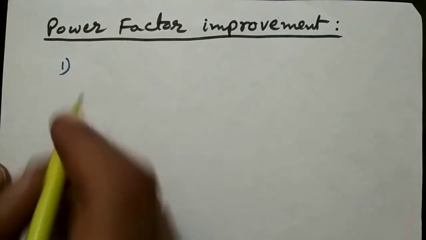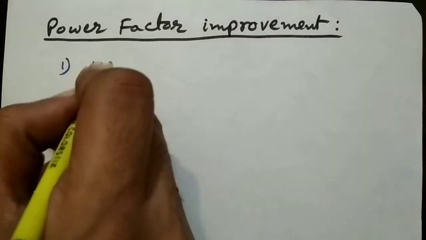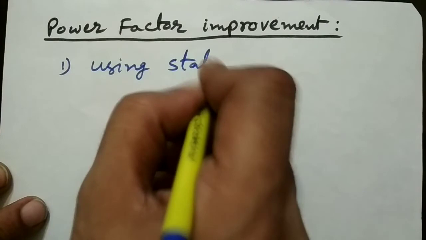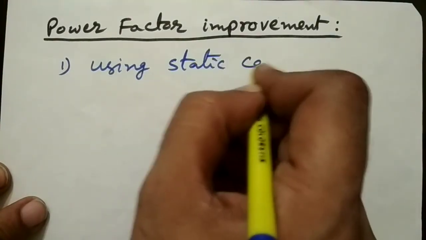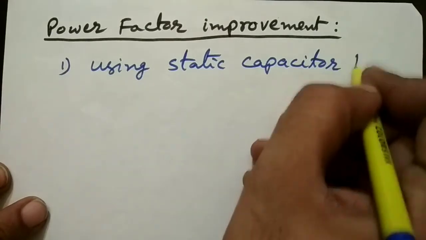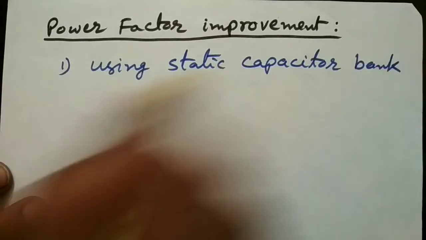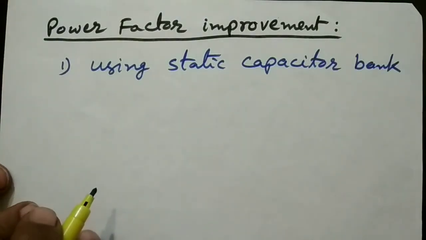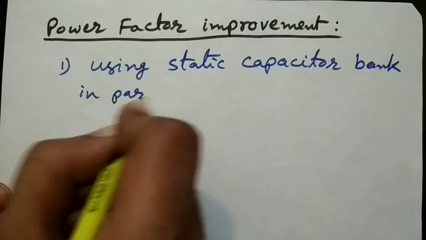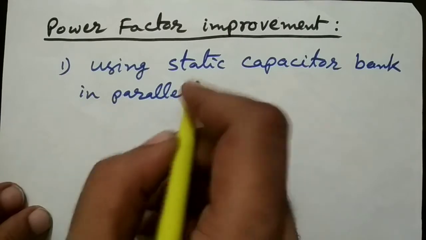The first one is by using a static capacitor bank. It should be connected in parallel with the load.